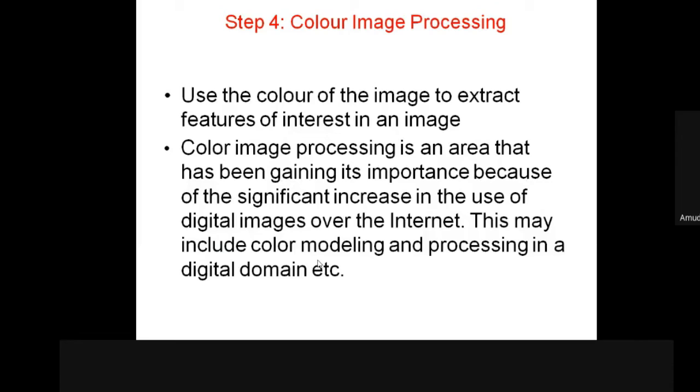So with the help of the color, the doctor can analyze easily how much the tumor is spread, and other specifications. So color image processing is very useful in the biomedical field. And also nowadays all the images on the internet are color. So now color image processing is very significant in the internet period. Okay.